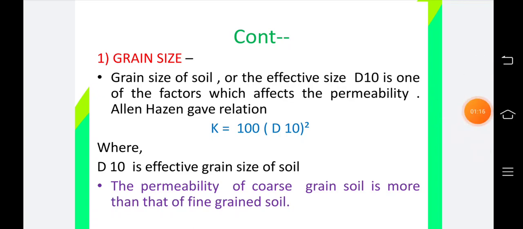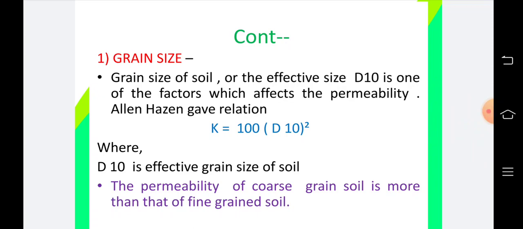This grain size, or we can call it effective size, D10. We studied this in sieve analysis. Effective size, that is D10, or effective diameter D10, is the size such that 10% of the particles are finer than it. It is one of the most important factors which affects the permeability.